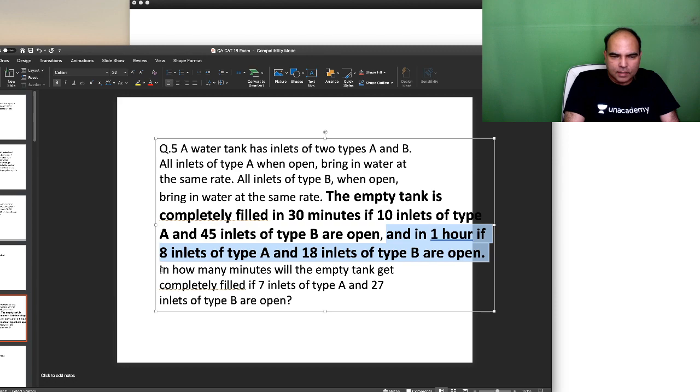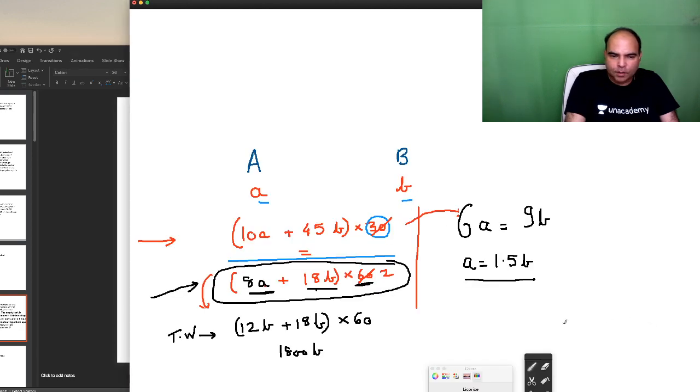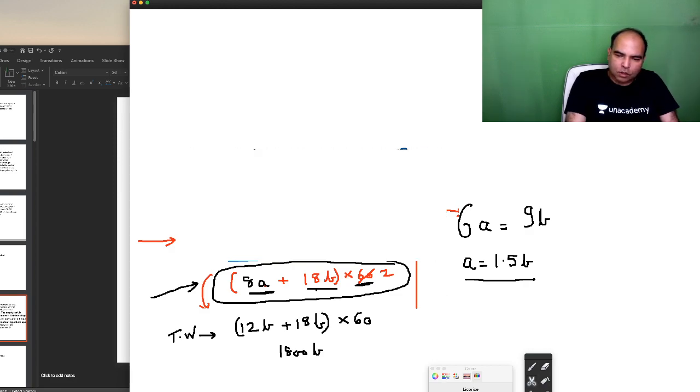The question says, in how many minutes will the empty tank get filled if 7A and 27B are open? 7 inlets of type A and 27 inlets of type B are open. तो इसको सॉल्व करने के लिए your solution can be based on this logic.